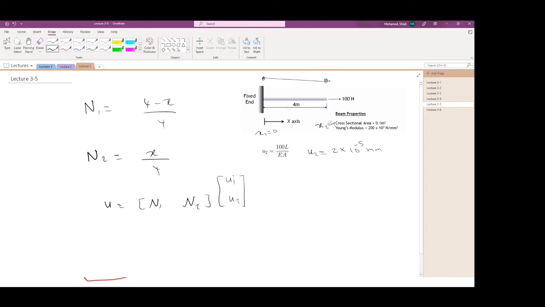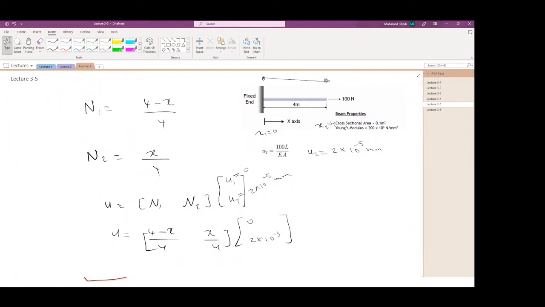Now the value of U1 is equal to 0 and the value of U2 is 2 times 10 to the power minus 5 millimeters. So I'm just going to use the shape functions over there. So U is equal to (4 minus x divided by 4) and then x over 4, multiplied by 0 and 2 times 10 to the power minus 5.